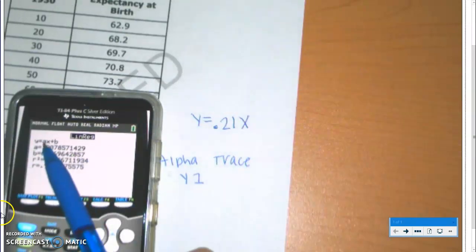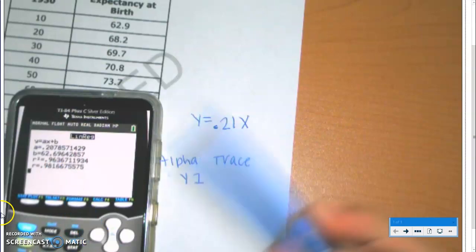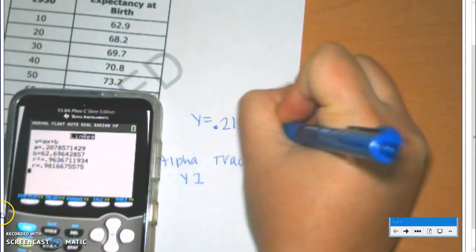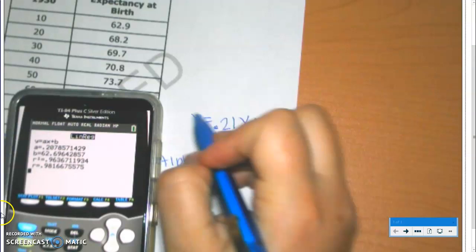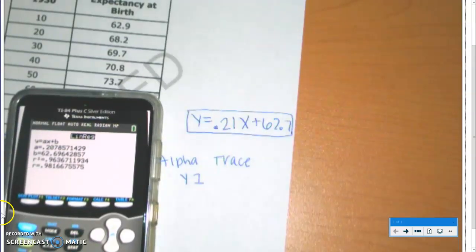See where it says AX? So A is your slope, so round that off, and then plus B. So B is 62.7. Plus 62.7. That is my regression model. That is my line of best fit. So you just plug in the y equals AX plus B, you plug in the A, and you plug in the B.